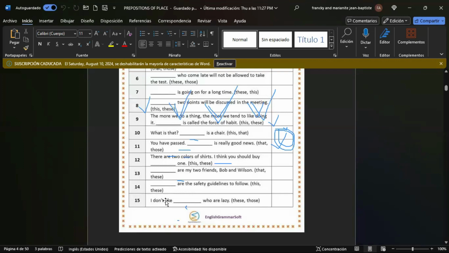Number 15. I don't like those who are lazy. What does that mean, lazy? Lazy, paresseux in French. How can I say news? Okay, Leo, what does that mean, news?